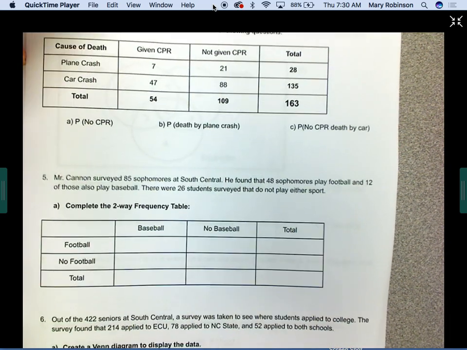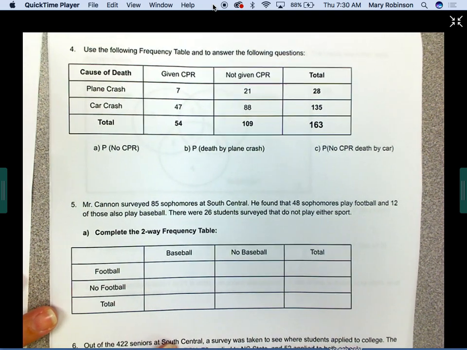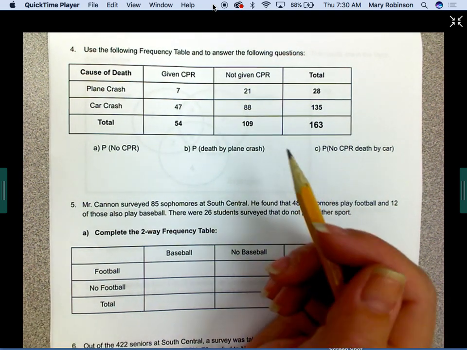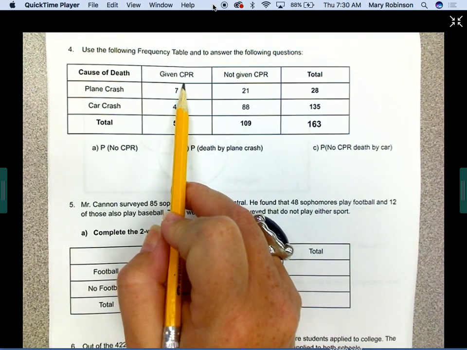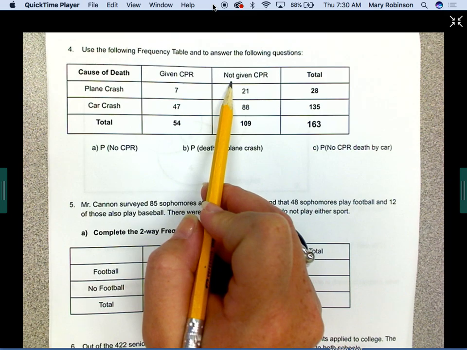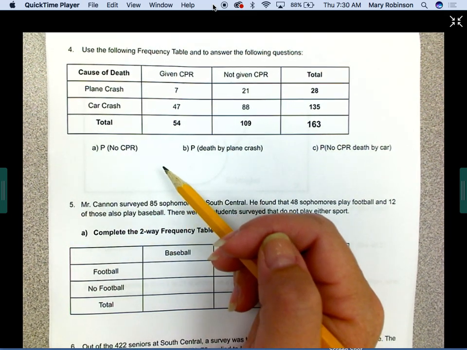On the next page, or on the right side of your page, you are asked to find some probabilities based off this frequency table. On this frequency table, you have headers of giving CPR and not giving CPR as a cause of death, and plane crash and car crash as a cause of death.